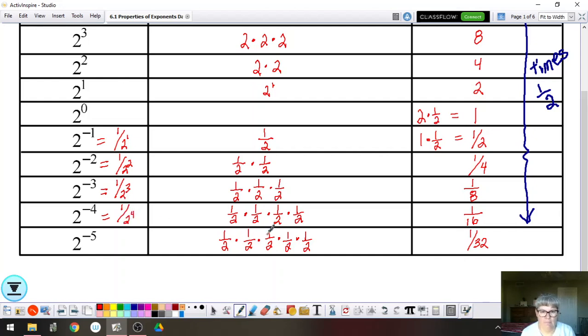And five factors of 1/2 is the same thing as saying 1 over 2 to the fifth.